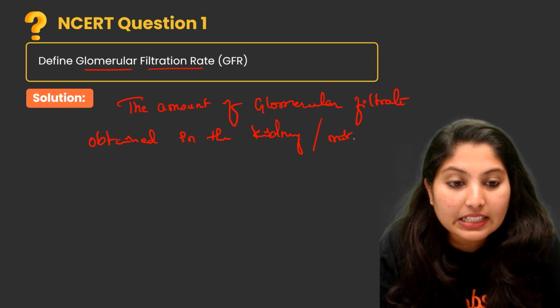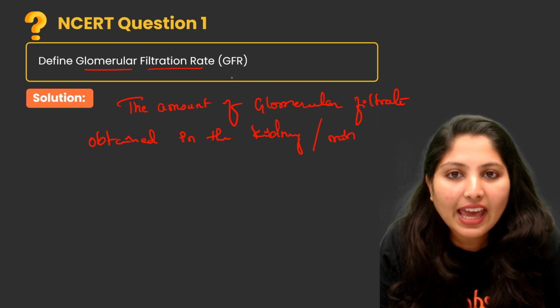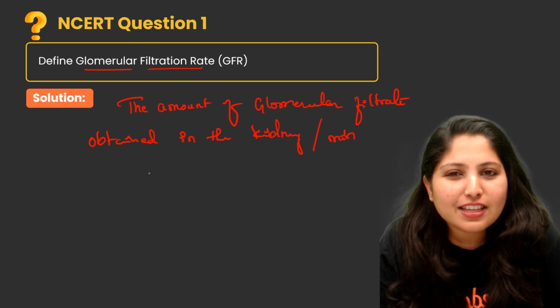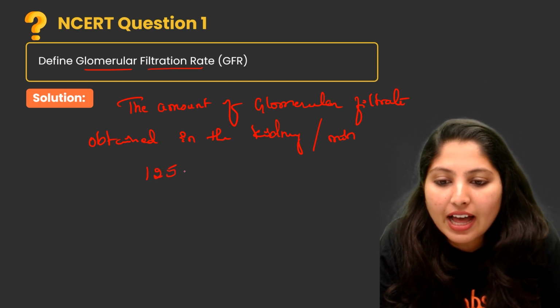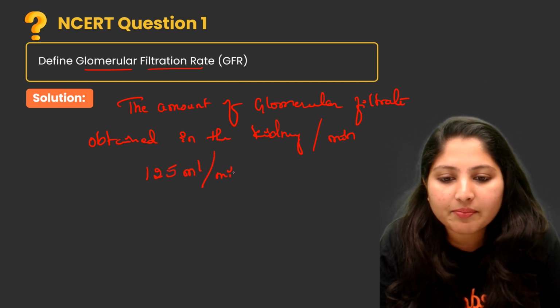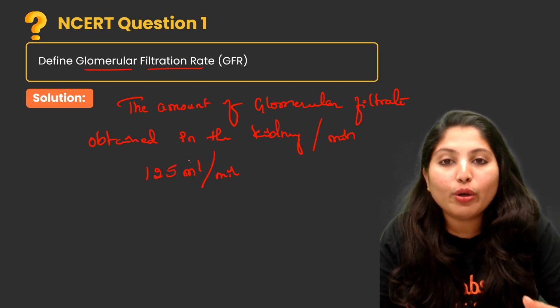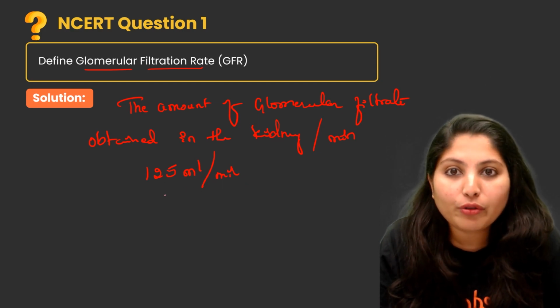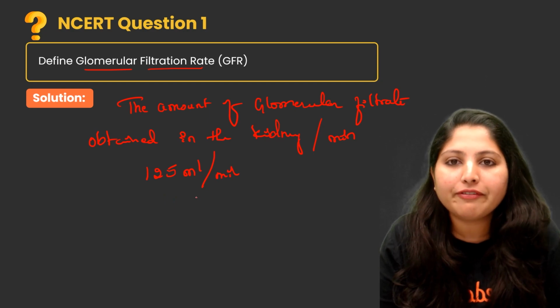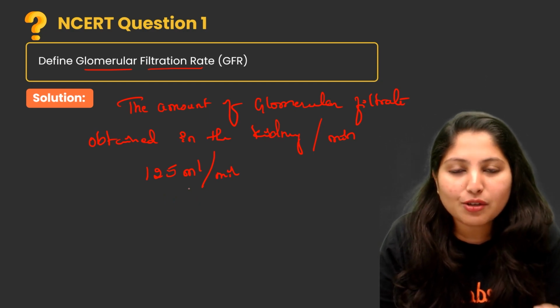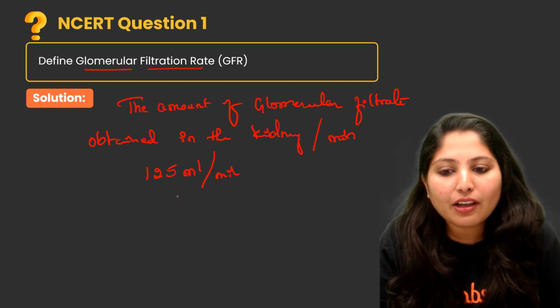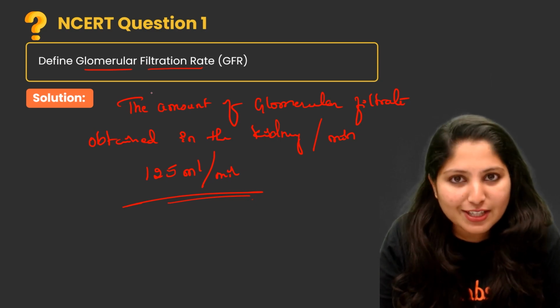Okay, per minute. This is known as GFR. This is usually 125 ml per minute. Each minute it is going to filter how much amount? 125 ml of filtrate. So primary filtrate will be obtained. So this is the first question.